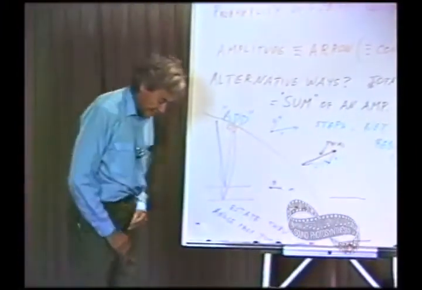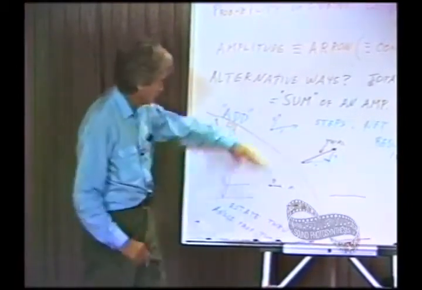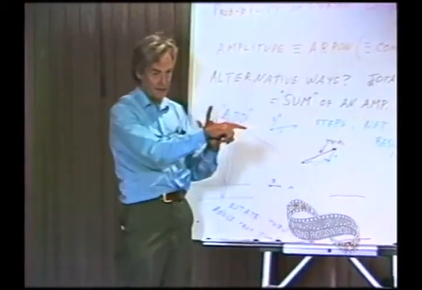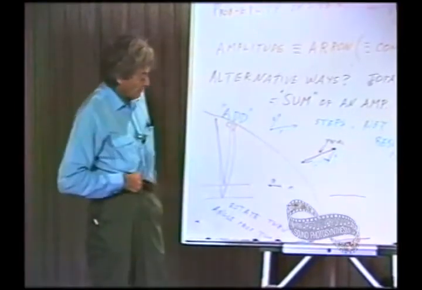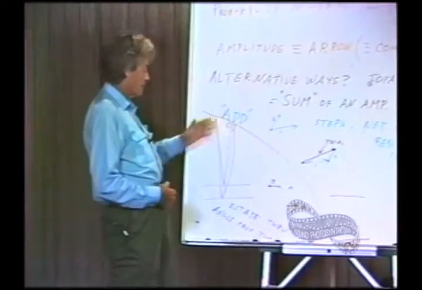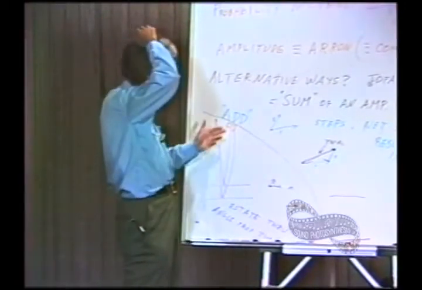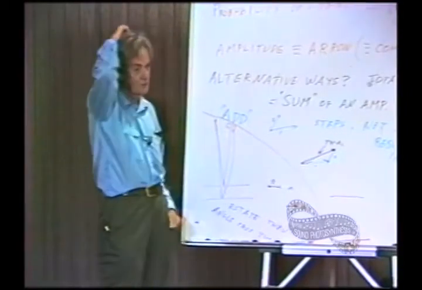I also would like to add that this is the same for all particles, the same principles, the adding of the arrows and so on, whether it be light or electrons or neutrons or atoms or anything else. The analogous experiments can be done with neutrons, a neutron source, a neutron detector, something that scatters neutrons.